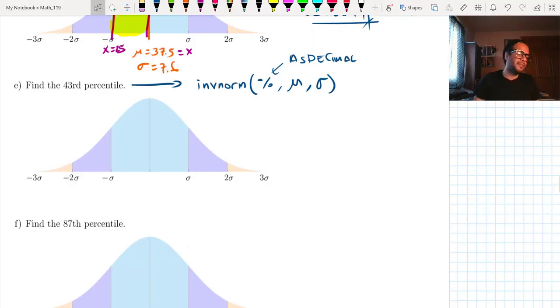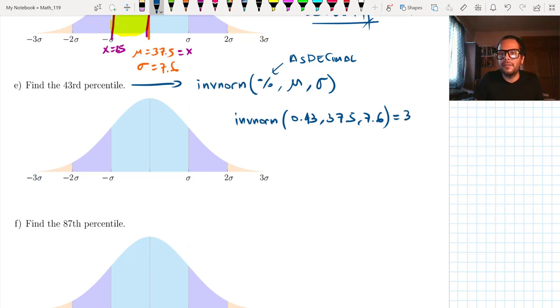Okay, so let me go back to the document. I get 36. So inv-norm of 0.43, 37.5, 7.6. Okay, and we get 36.16 years old.